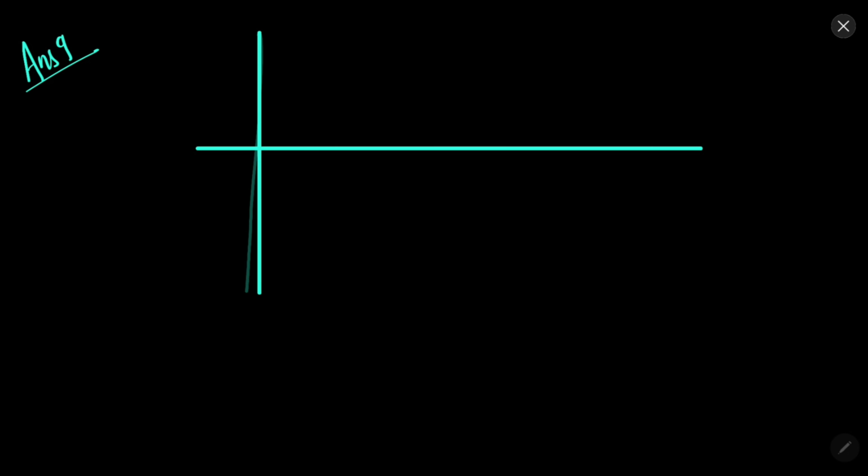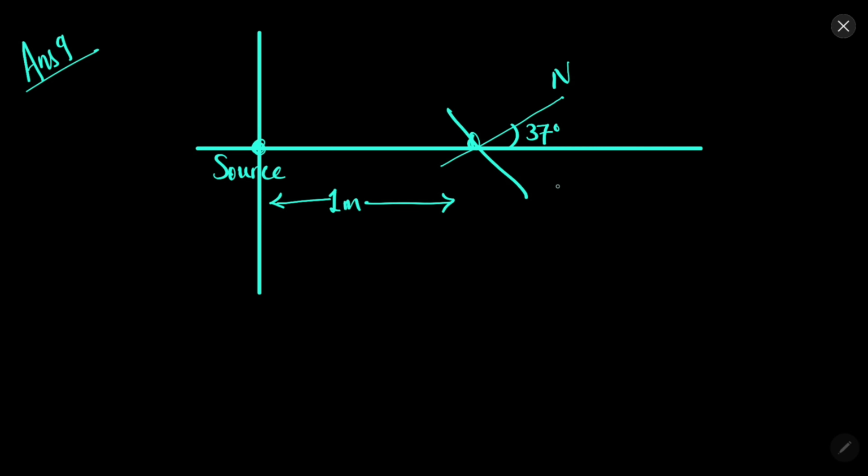So the situation is, let's say this is the x-axis and this is the y-axis. This is the origin, so source is here at the origin. Now there is something which is 1 meter away on the x-axis and its orientation is 37. Its perpendicular is in the orientation of 37 degree from the x-axis, and this is the area.